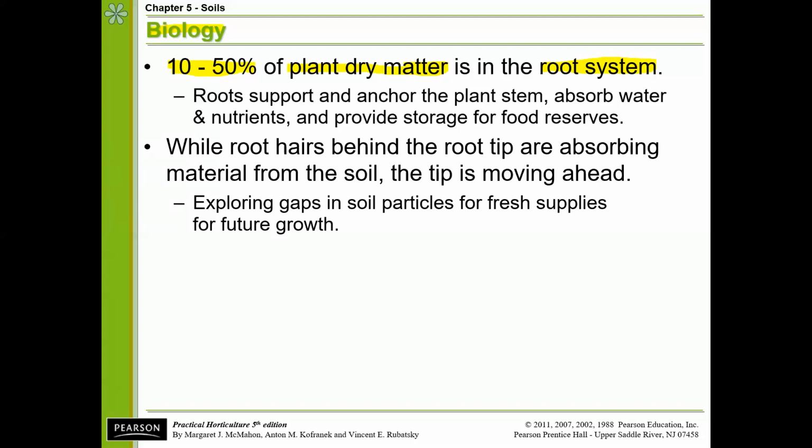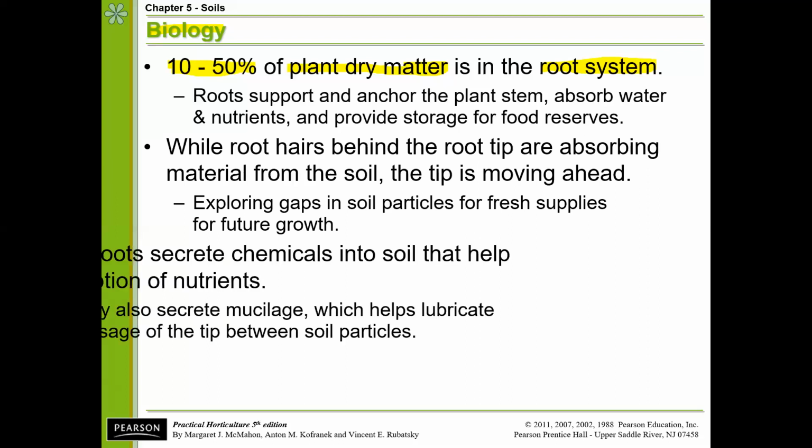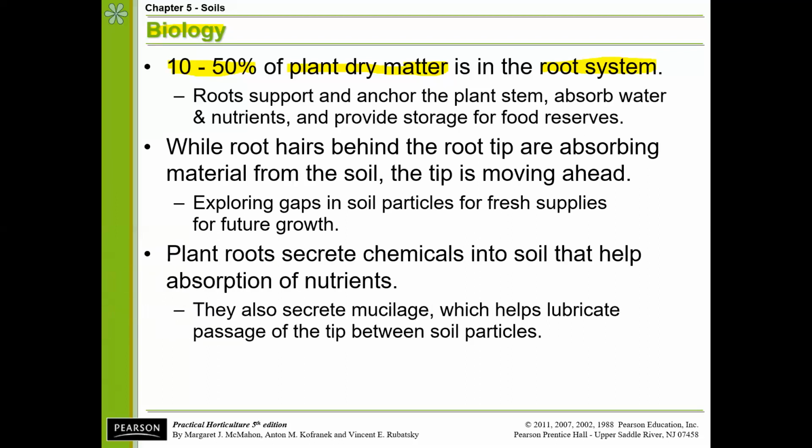And when we look at that root system, we've generally got a taproot. All plants have a taproot, but think of one long root coming down initially, and then all these little feeder roots and root hairs coming off of that root tip.